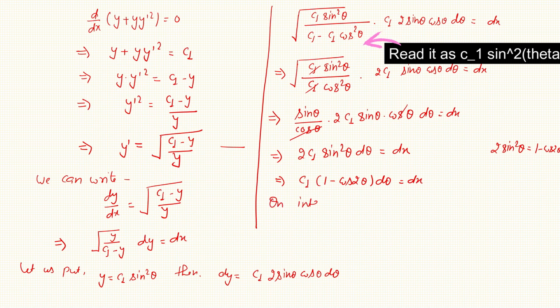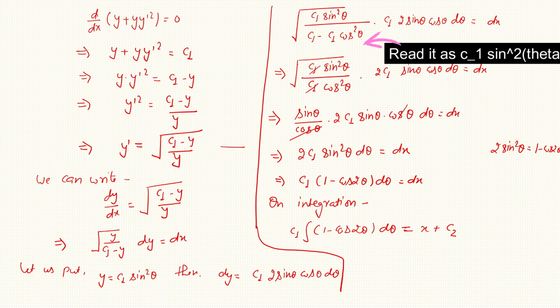On integrating this, we can write c1 integration of (1 minus cos 2 theta) d theta is equal to x plus c2, where c2 is another constant of integration.